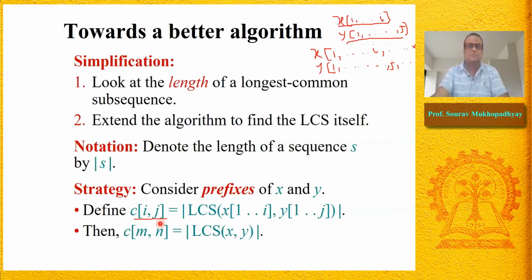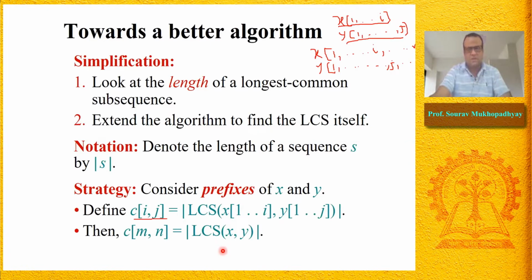Suppose some algorithm can give us all the possible values of Cij, we will discuss that. Then from there we are done, because we are looking for Cmn, since x is from 1 to m and y is from 1 to n. So that is the idea.